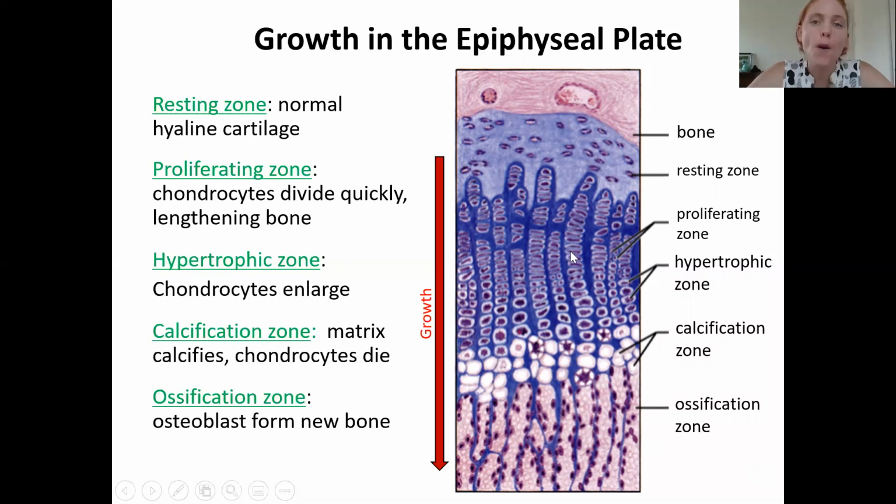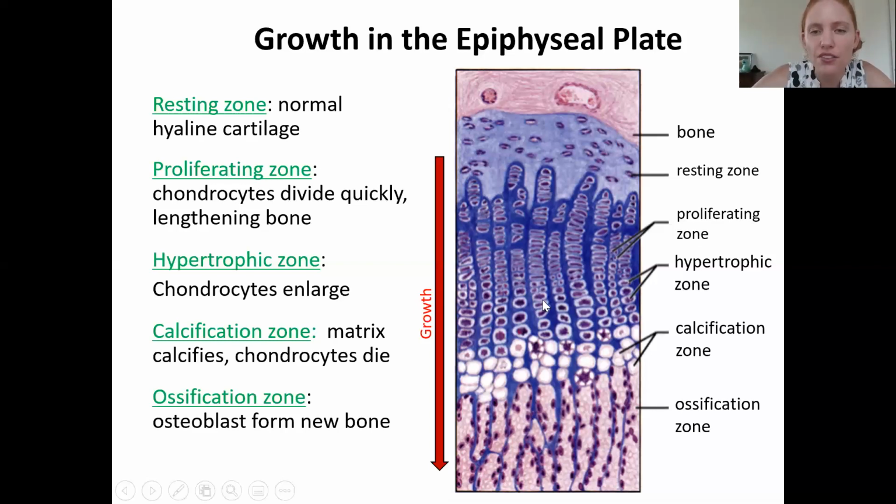They're going to undergo mitosis and make a bunch of chondrocytes. You see how the chondrocytes are all stacked up on top of each other? That's because they're rapidly dividing. And as they're dividing, they're pushing everything down, and that's how you're adding the material that will make the bone. That's called the proliferating zone because they're proliferating, they're making more of them.